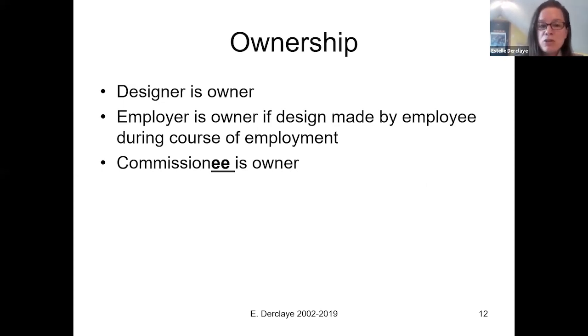If there is a commission, and it's not a concept of employment here, I'm basically a consultant, or the designer is a consultant. In that case, he remains the owner, and you have to have a contract. So the commissionee is the designer, and the commissioner is the person who wants or pays the designer to have this design made. So in this case, it's very important to have a contract, because if you don't, then the ownership remains with the designer.